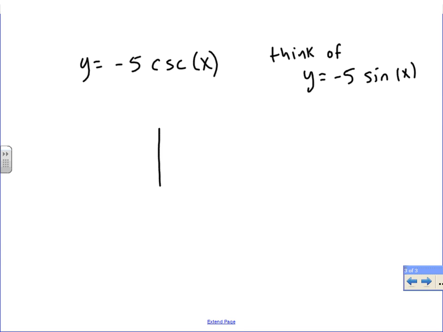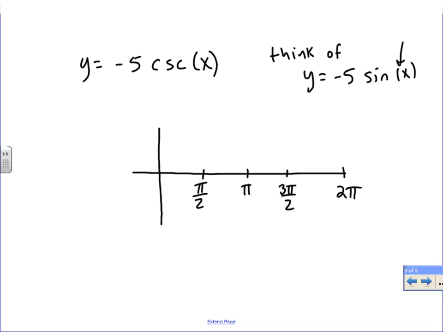All right, so let's start off. Notice we don't have a coefficient in front of x, so the period is going to be 2 pi, so it's going to be counting by pi over 2 here. Pi over 2, pi, 3 pi over 2, and then 2 pi.